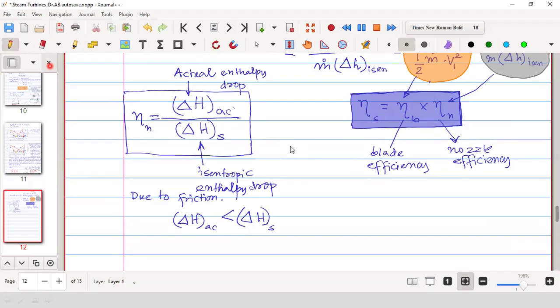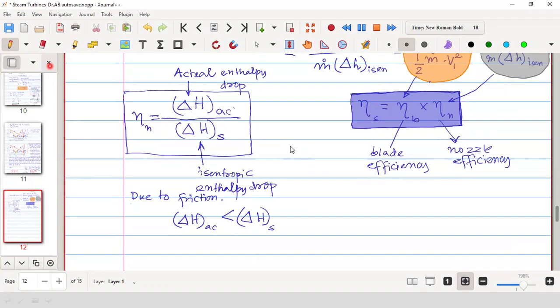The process in the nozzle is adiabatic, but there is friction, so there is irreversibility, and due to irreversibility there is an entropy increase, because the heat generated due to friction cannot be released in an adiabatic situation.